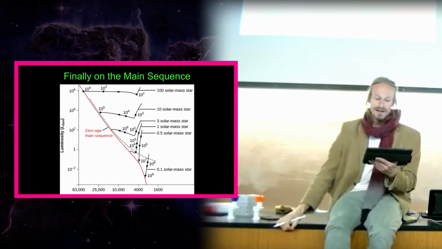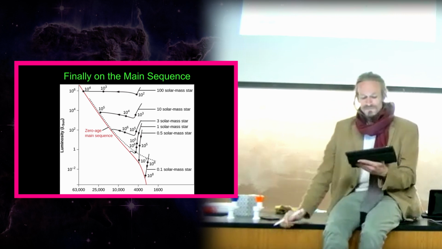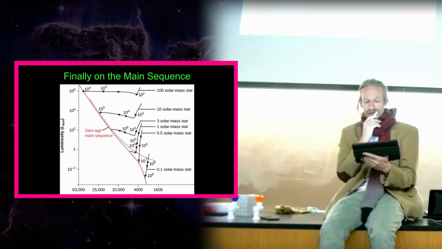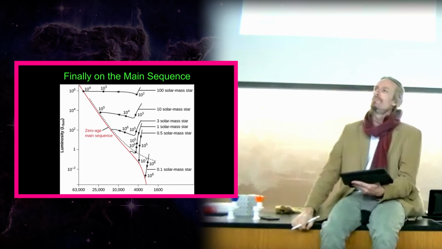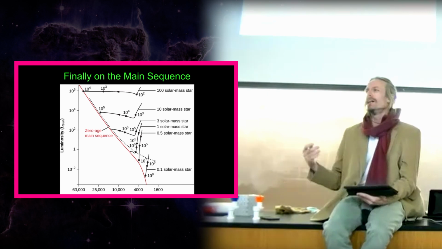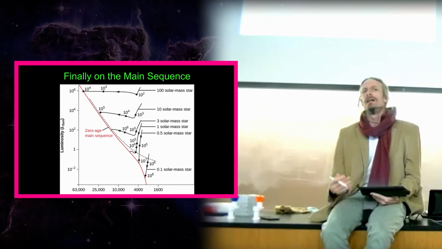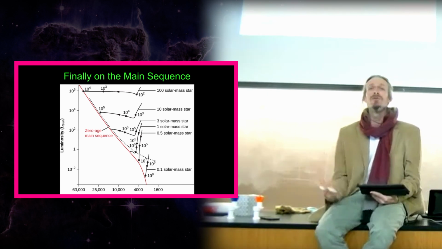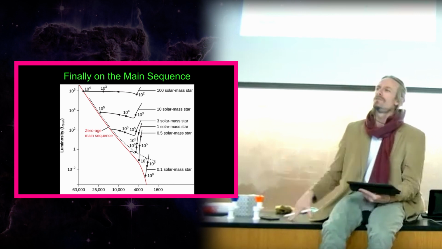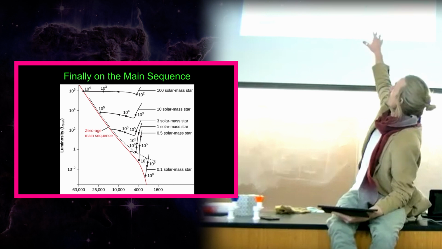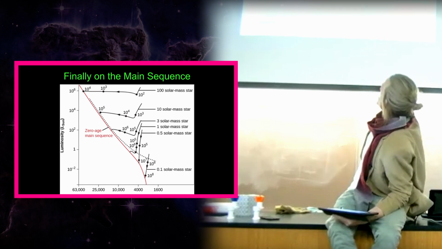So we'll talk about how that works out. Things change as they move off of this sequence, and the processes that change, the elements that they begin to use as fuel are different, and the processes by which you would use up those fuel supplies give us the idea of how long it takes for these processes to occur.